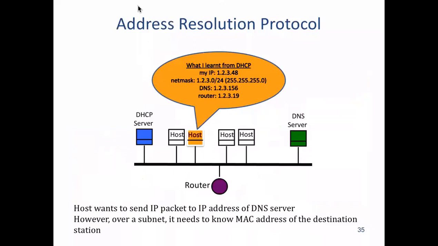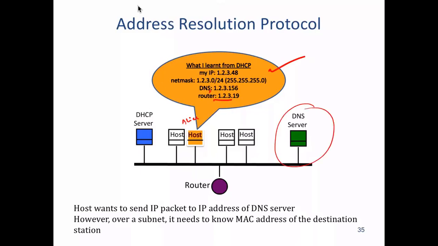So something like this: this is Alice's machine, and she has got this mapping: IP address, net mask, DNS, and router. And the DNS server is right here.